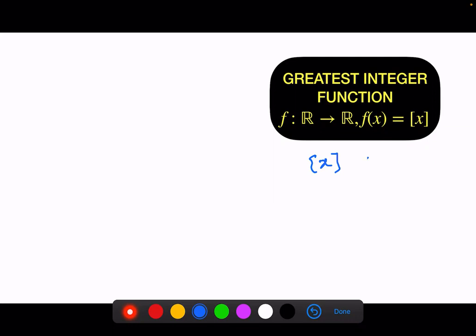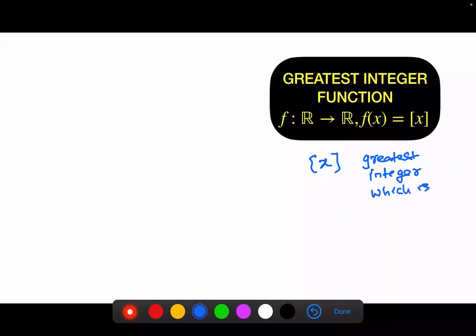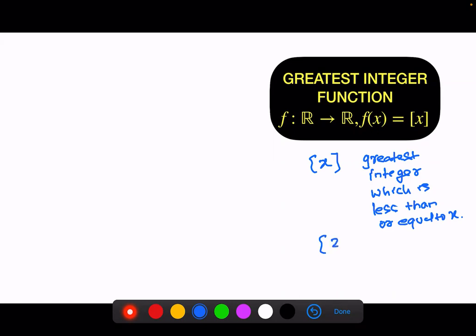Okay, so it's like greatest integer. It is going to give you greatest integer which is less than or equal to x. Okay, so that is what it is giving. So we'll run through some examples. Suppose I have x is 2. Suppose if x is 2.